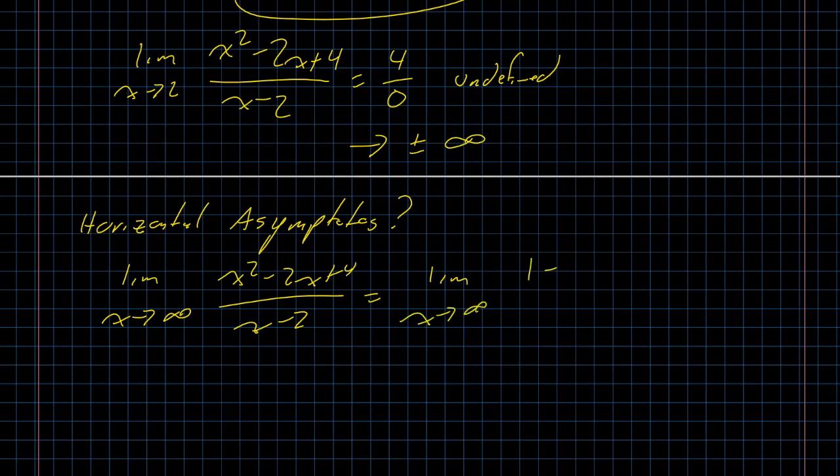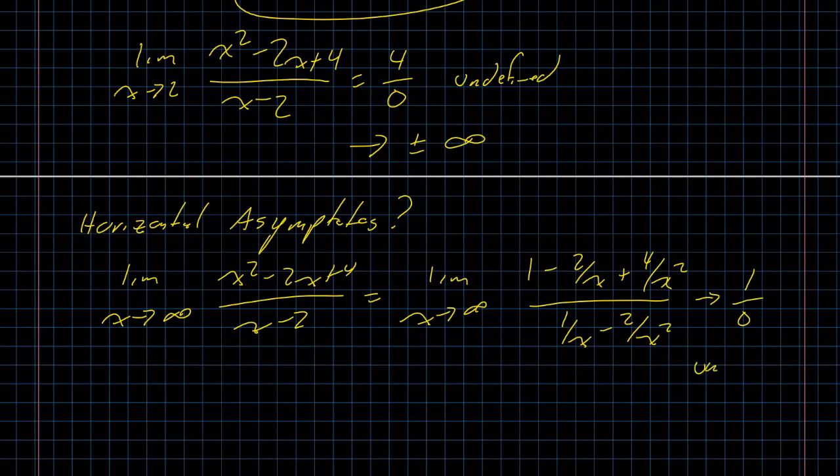All right, so it's going to be 1 minus 2 over x plus 4 over x squared all over 1 over x minus 2 over x squared. And the important thing there is that we are not going to get a horizontal asymptote either.